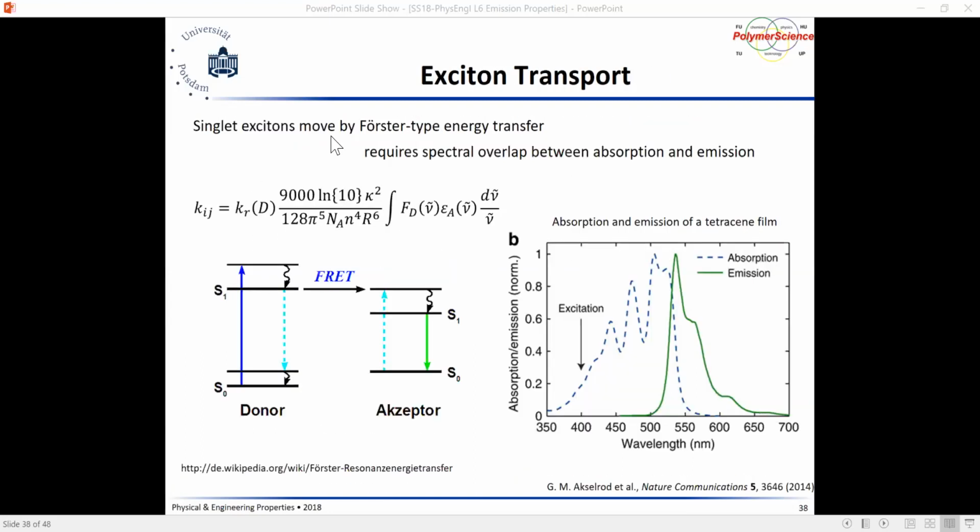I don't have the equation here, but basically it's r to the power of 6. So the efficiency of transfer is given by r naught to the power of 6 divided by r naught to the power of 6 plus r to the power of 6. What is r naught? R naught is the characteristic distance between the donor and acceptor.